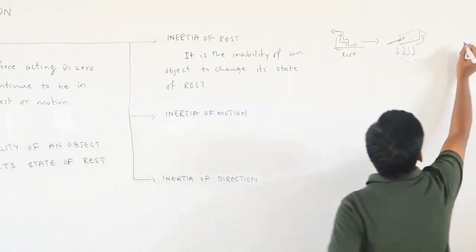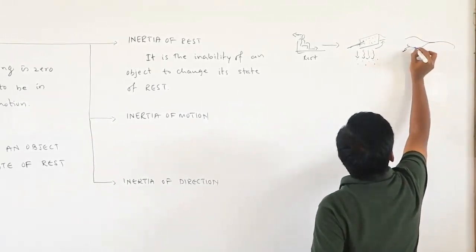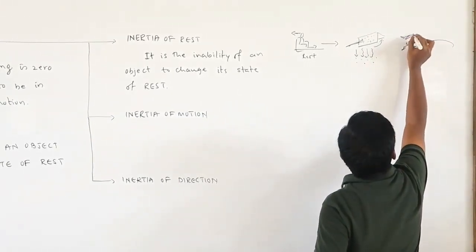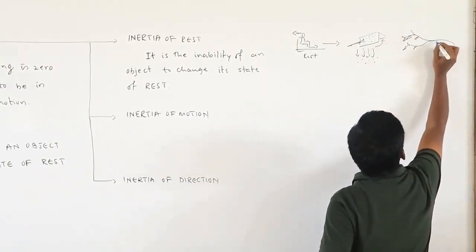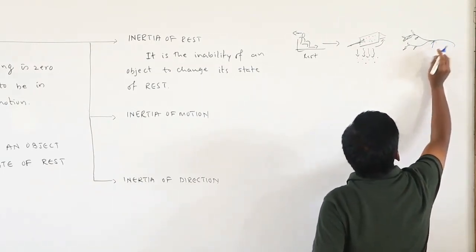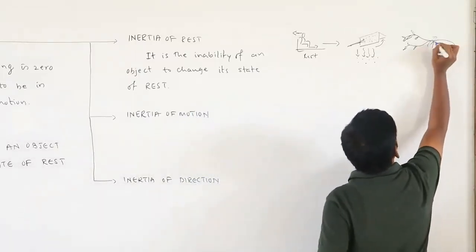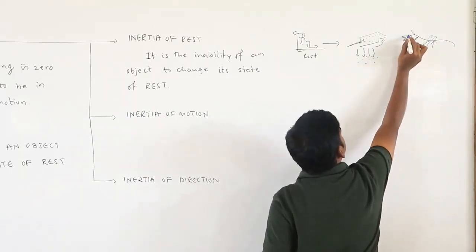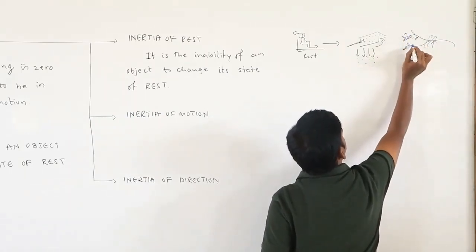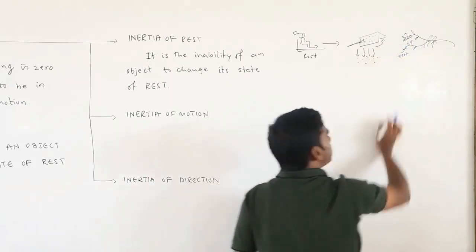Similarly, there are branches of trees, and there are leaves. These leaves are at rest. Suppose somebody disturbs this branch of a tree. When you start shaking it, only the branch starts moving, but what about the leaves? The leaves want to continue in their state of rest.